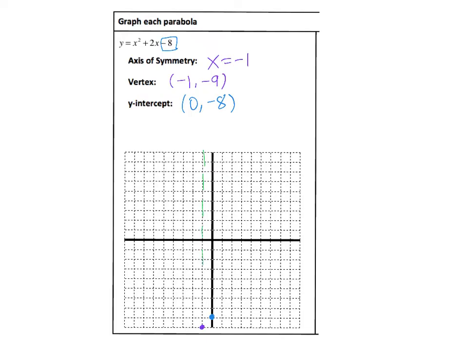And again, we use that dashed line to show that it's not an actual part of the graph, but we use it to find points easily. And now that I have that axis of symmetry, I can reflect my y-intercept across it. Since the y-intercept is 1 unit away, I can go 1 unit on the other side and plot a point.